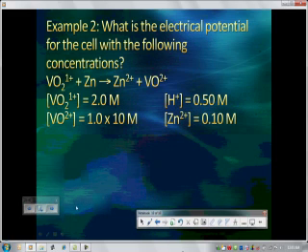And I purposely picked something that seems a bit complicated, just so you would have to think this through. So we have VO2+ ions and zinc metal turning into zinc ions and VO2+ ions. Be careful not to mix up the VO2+ ions with the VO2 with a plus 1 ion.